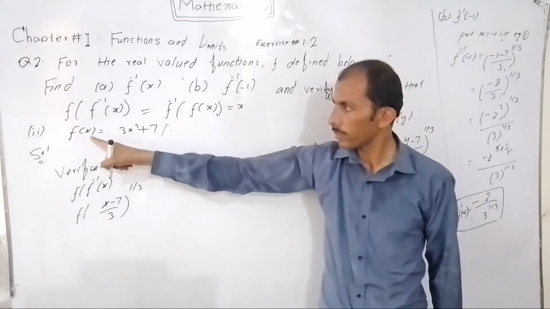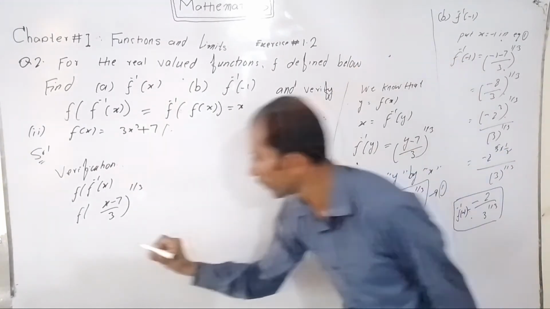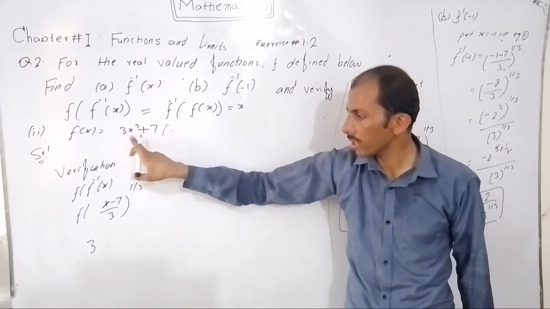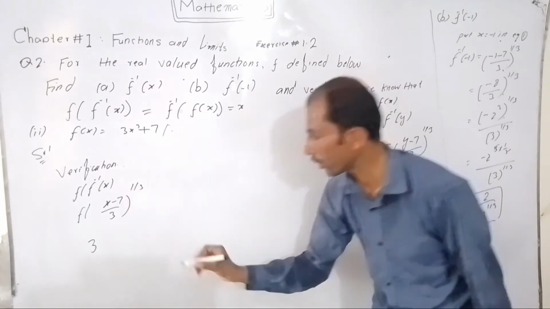So f is equal to 3x cube plus 7. In 3x cube, x is replaced by x minus 7 divided by 3 whole cube root.